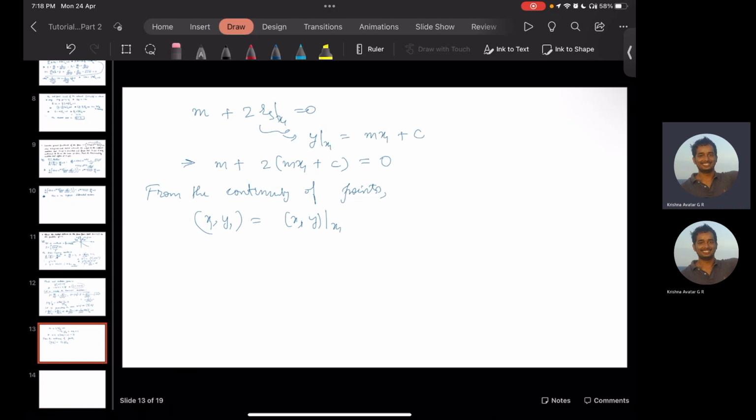x is equal to, let's say that x1 is equal to x squared.